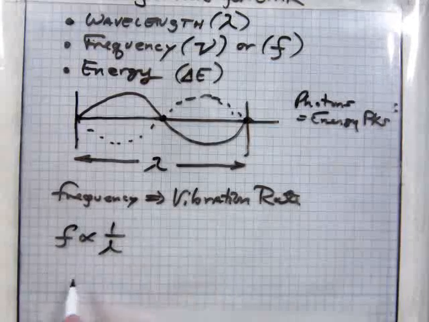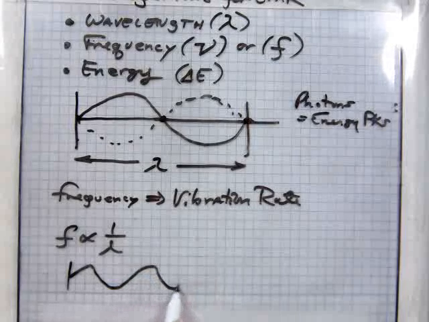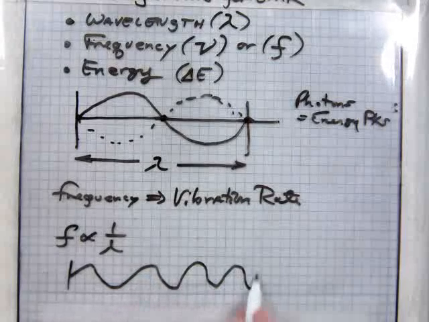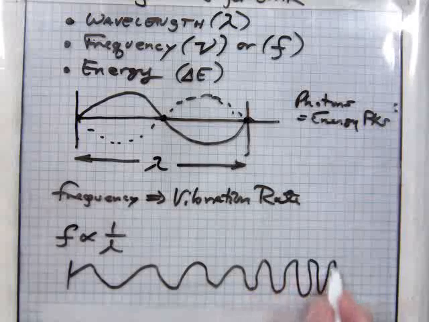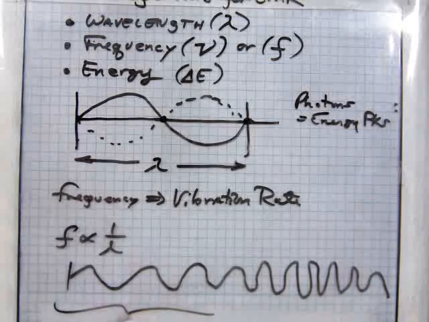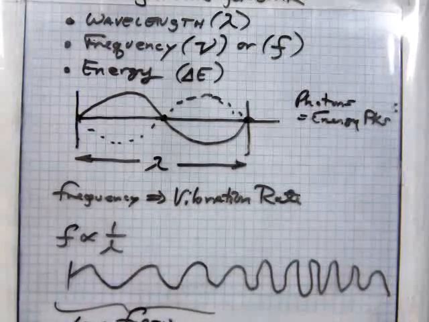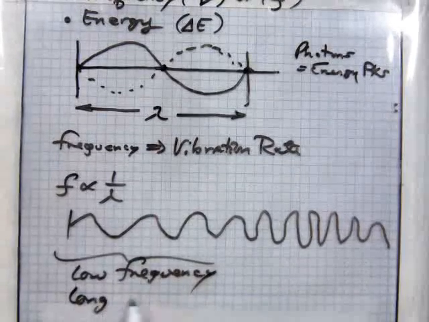That is, if you have long wavelengths like this, and then they start getting shorter and shorter and shorter, like this, these waves down in here will be at low frequency. Long wavelengths.